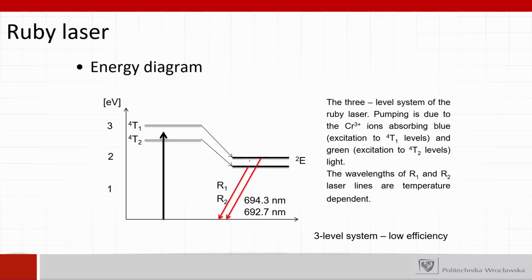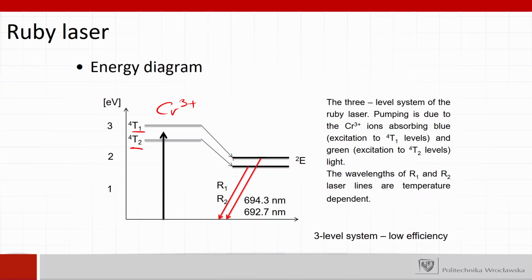So this is the simplified energy diagram. The chromium ions absorb, let's say, the blue portion of the light emitted by the flash lamp, and depending on the configuration, we can excite either the level T1 or T2.